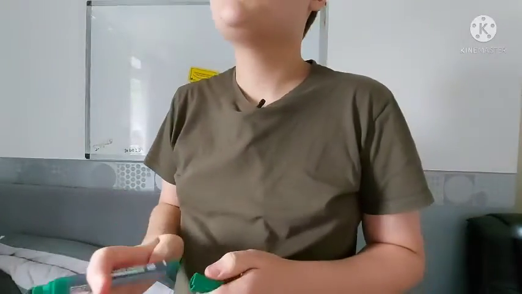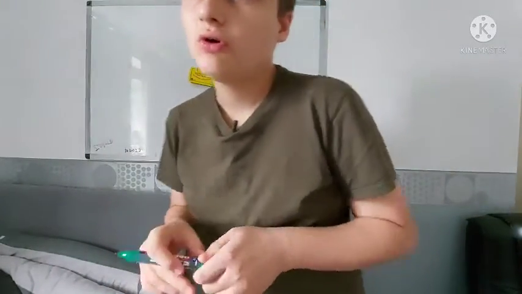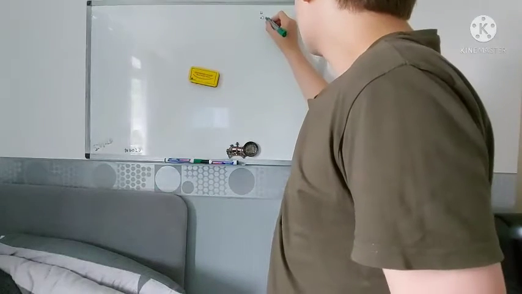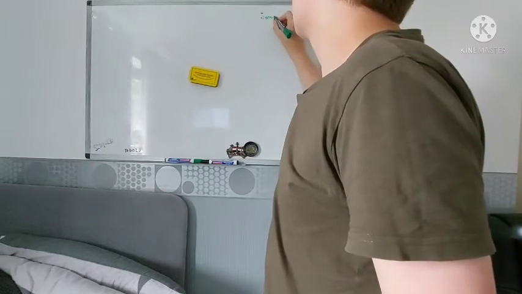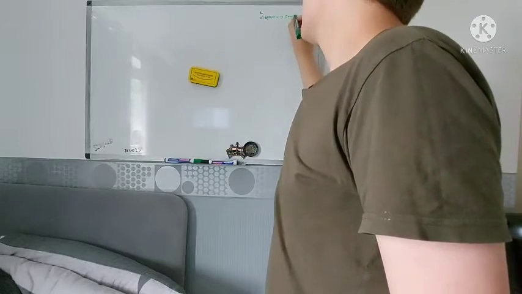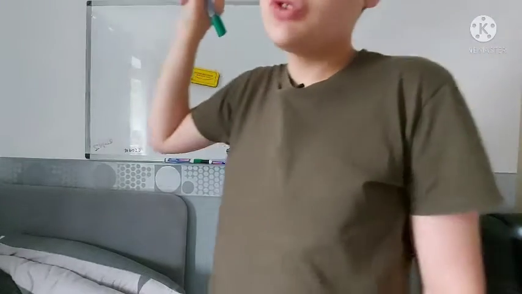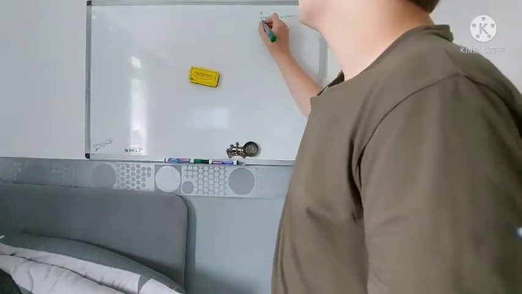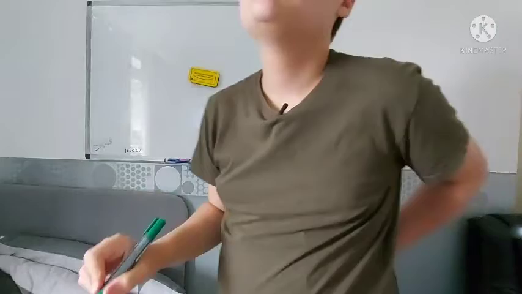Part A. State the sampling method Charlie used. Well, this type of sampling is opportunity sampling. Opportunity sampling usually is, if he has the opportunity to do so, he will choose the opportunity to do it. So it is opportunity sampling here.